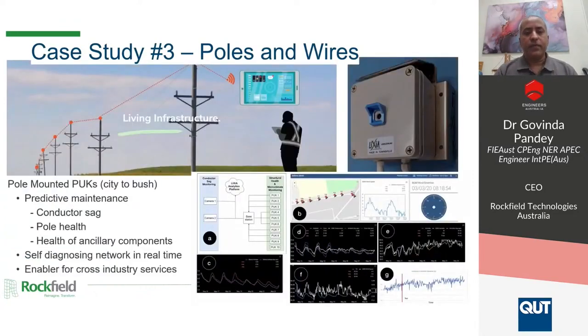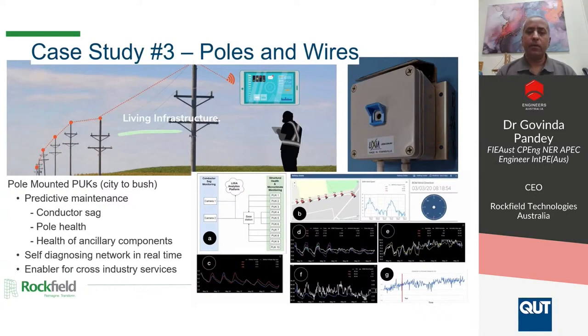So what we've done is we've developed an Internet of Things device that you can see on your far right-hand side. It is essentially a pole top sensor. Once you attach it towards the top of the pole below the conductor lines, it will look for tilt, pitch, and roll of the poles.